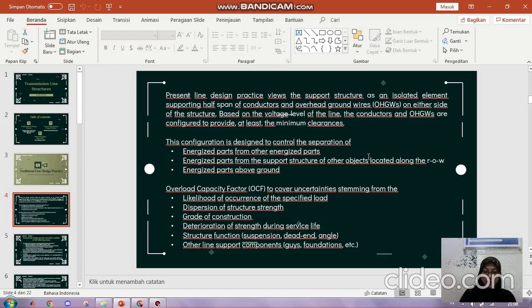And then next, structure function, such as suspension, tip and angle, and the last, other line support components such as guys, foundations, and so on.